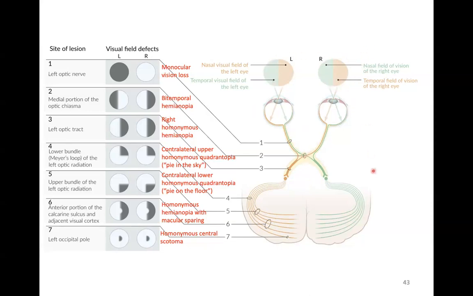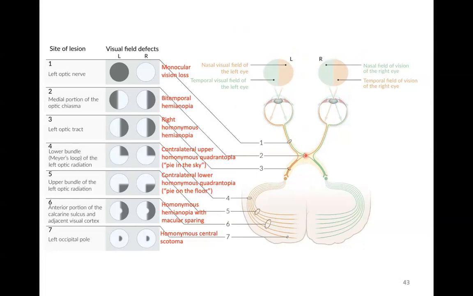It's not just the right side, it's not just the left side, but it's both temporal fields of vision from both eyes. So the sides are going to be transmitted here. This would decussate, and the green one would decussate, but because there is a lesion here, it's not able to do that.